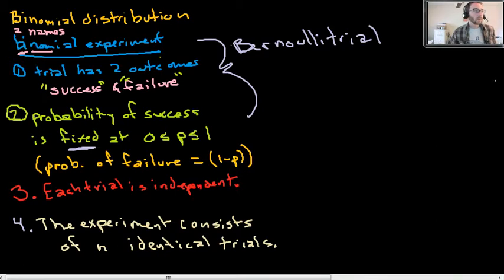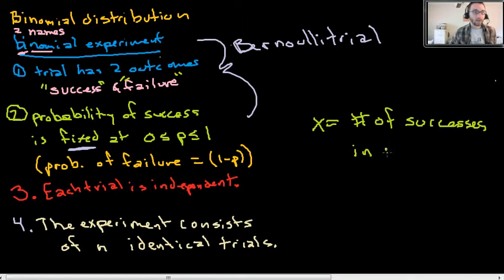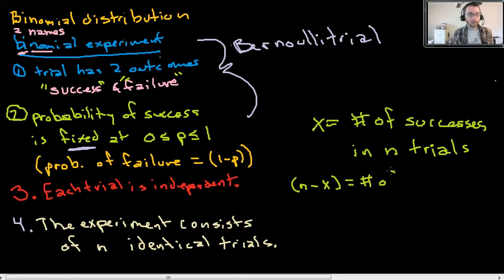X equals the number of successes in n trials. All right, so we're going to do this over and over again, n times, and we're going to want to talk about how many successes we got. Now, if we get x successes, and this is important to keep in mind, we are also going to need n minus x failures. That's the number of failures in n trials.